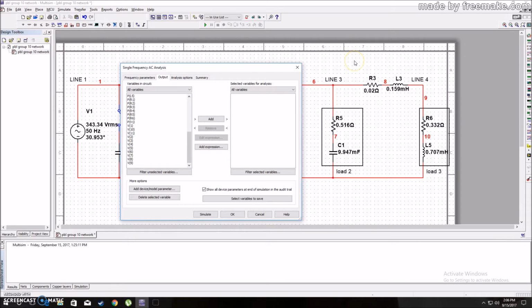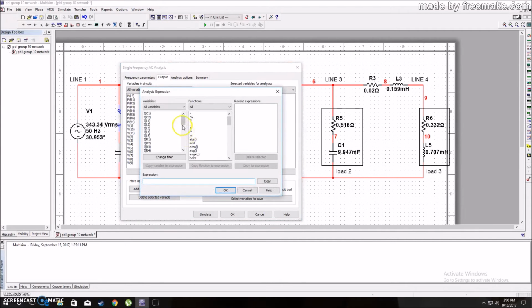So let's say we want to measure the voltage of transmission line 3 to 4. The voltage at transmission line 3 to 4 is between the voltage net 6 and voltage net 9. So there is no variable for that, so we must add an expression.